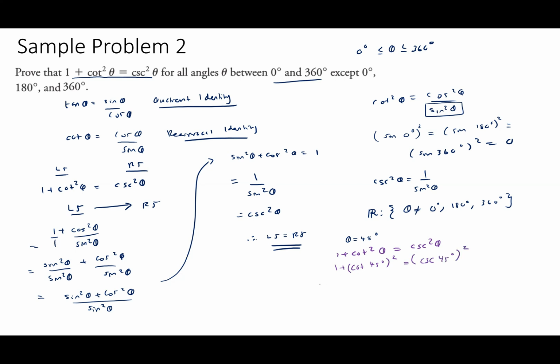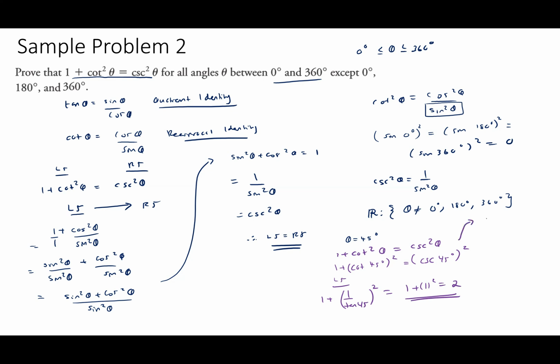If I look at just the left side, we know that tan 45 is 1, so cotangent 45 is just 1 over tan 45. Either way, that's going to give you 1, and this is going to give you a value of 1 plus 1 squared, which is 2. This is the value of the left side.